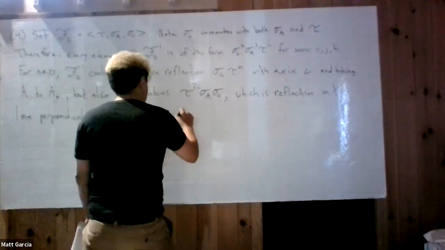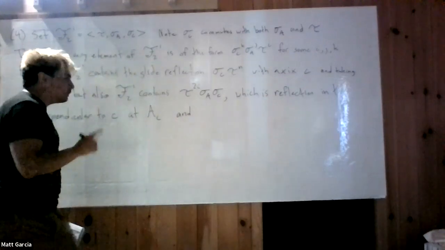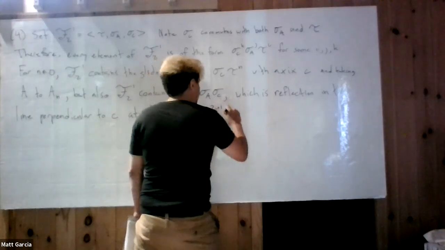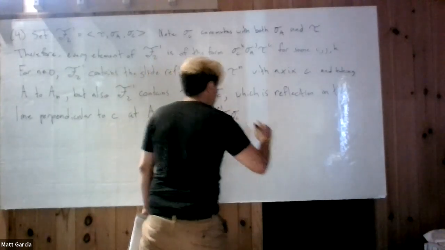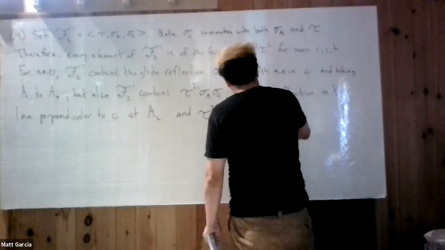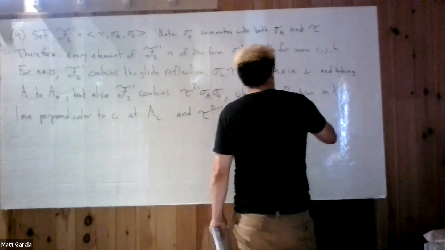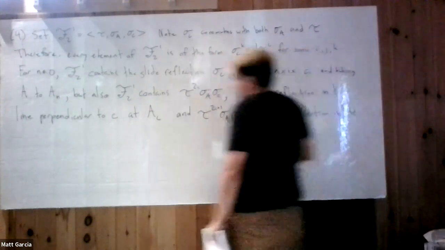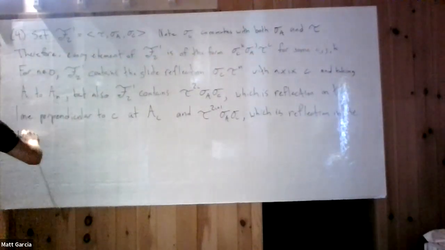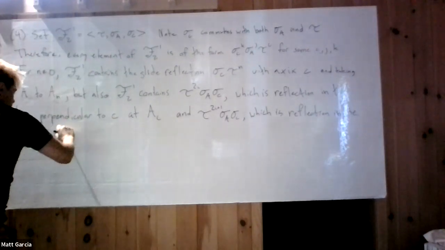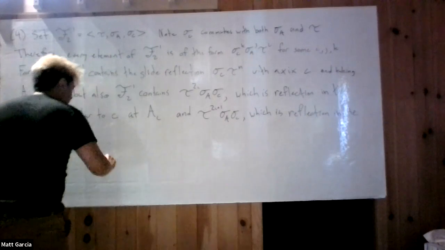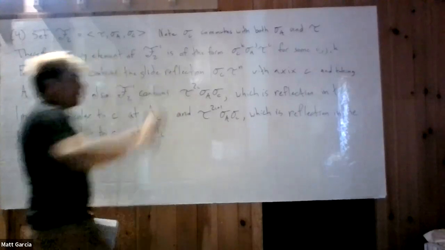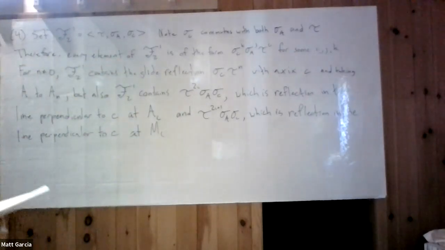And furthermore, F21 also contains tau to the 2i plus 1 sigma A, sigma C, which is reflection in the line perpendicular to C at M sub I.